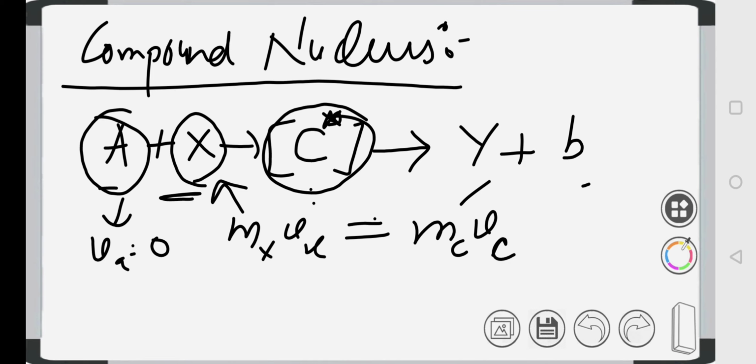Then the condition for a compound nucleus is that we should have a minimum amount of energy that is called threshold energy.